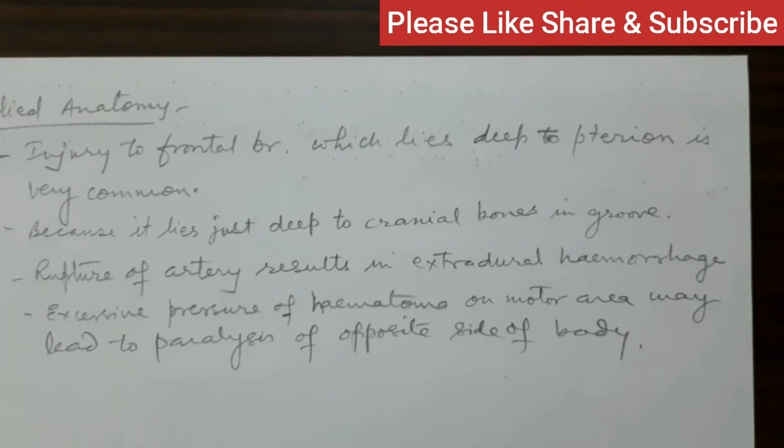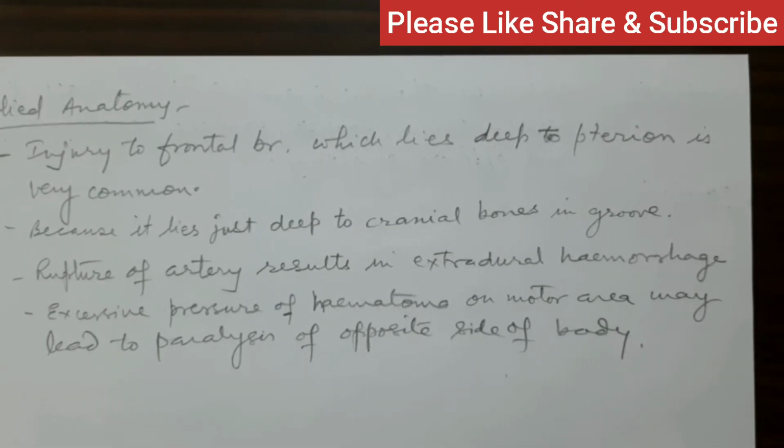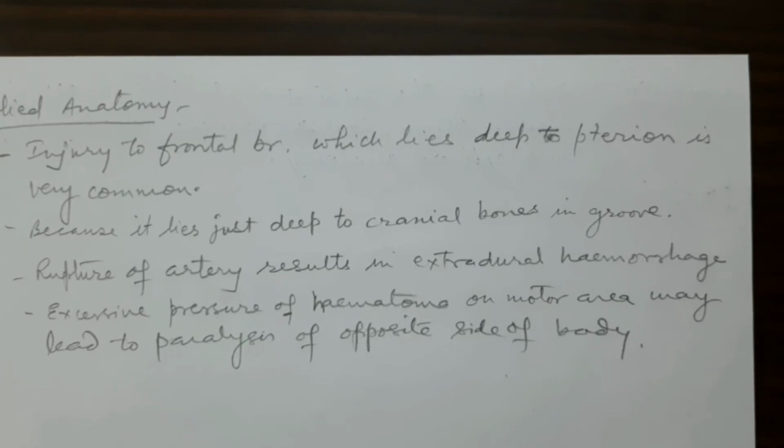If it is an excessive collection, the brain is shifted to the opposite side, because it pushes the brain to the opposite side. This is the most important applied importance, in relation to the extradural hemorrhage due to middle meningeal artery rupture.